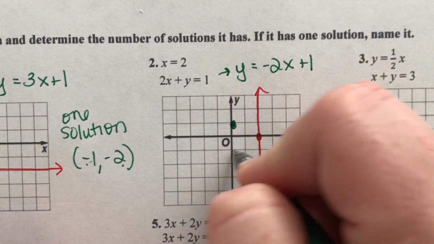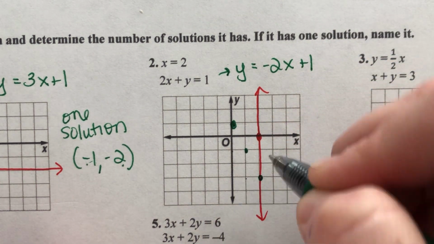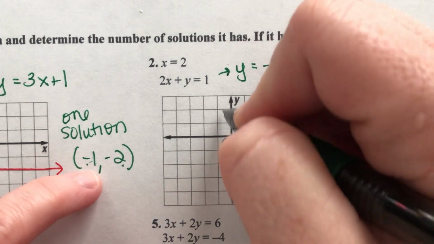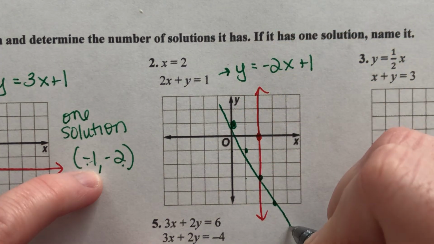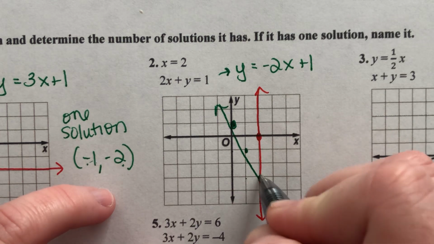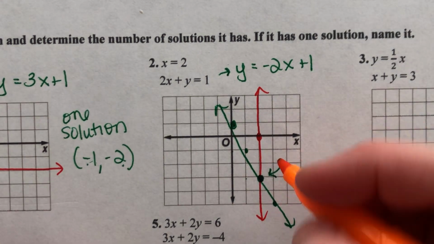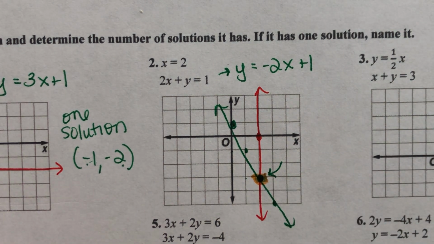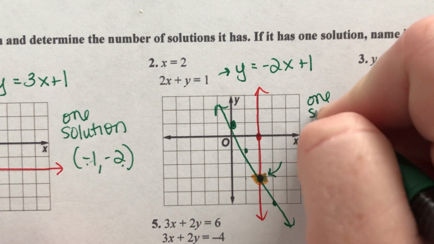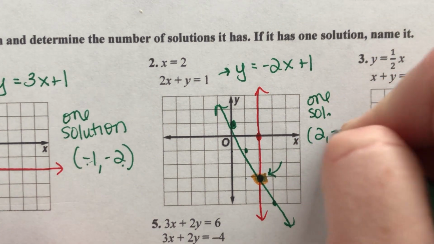Start off here, go down 2 over 1, down 2 over 1, down 2 over 1. I did not draw a straight line here, but they should cross at this point. So they share one solution, and that one solution is at 2, -3.